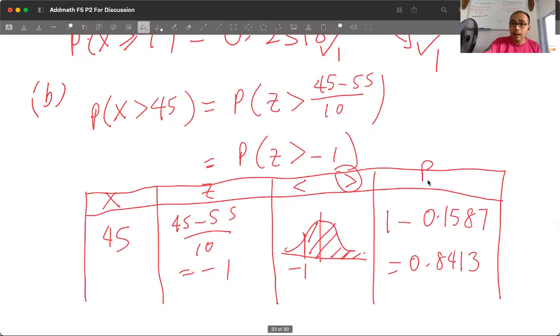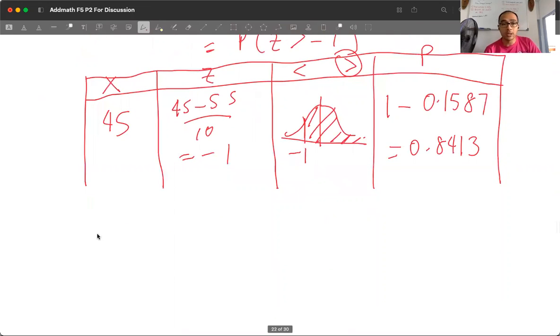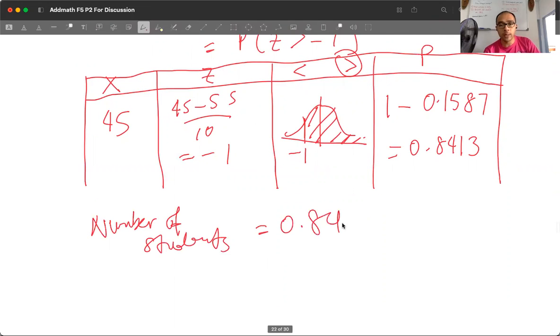The question asks how many students. So the number of students is 0.8413 times 500. So you get 421 students. Let me check, 0.8413 times 500, so you get 420.65.